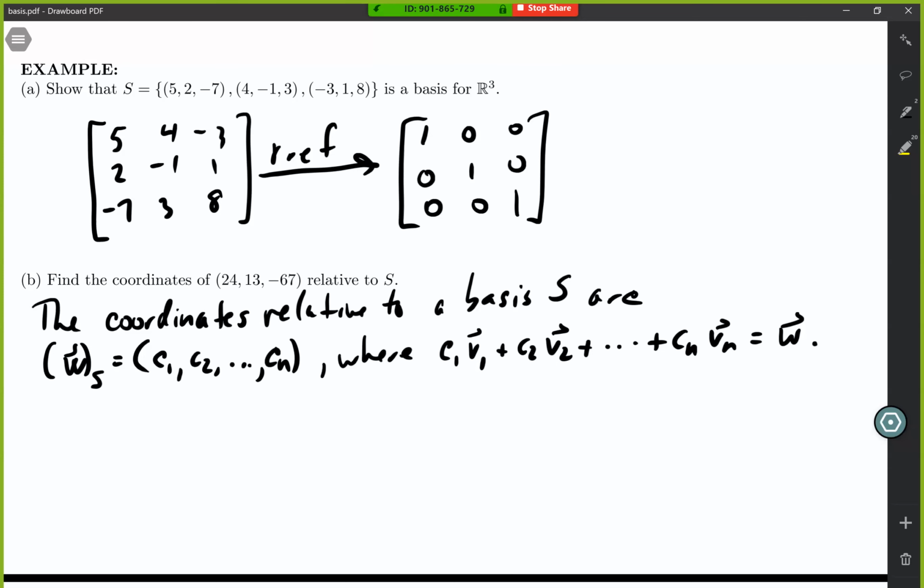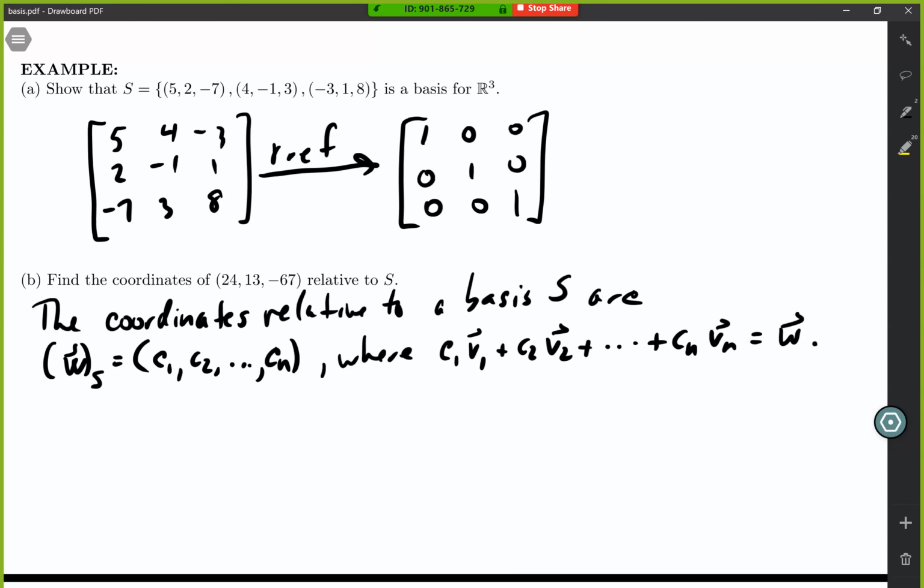You have multiple representations for the same points, which is why a lot of times you want to restrict yourselves. In polar, you might say, okay, use an angle that's only between 0 and 2 pi, so you don't get repeated things. That's why we care about the idea of basis here, because we want to make sure that we have not only existence but also uniqueness, so that this idea of being coordinates is well defined.